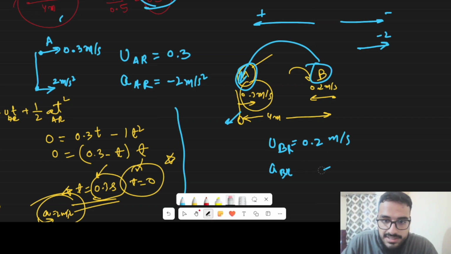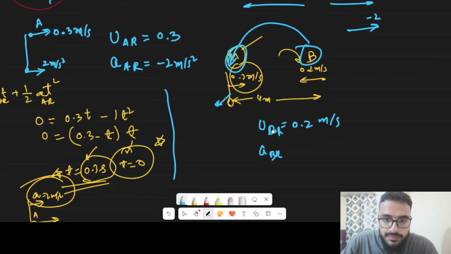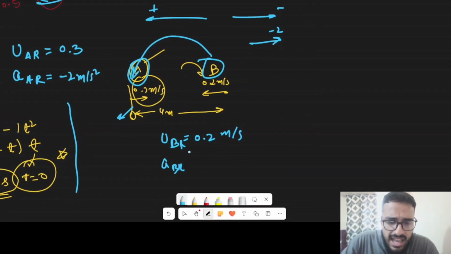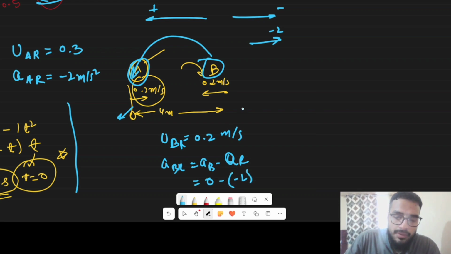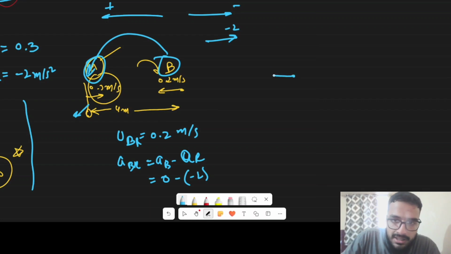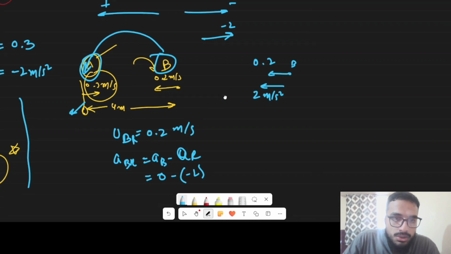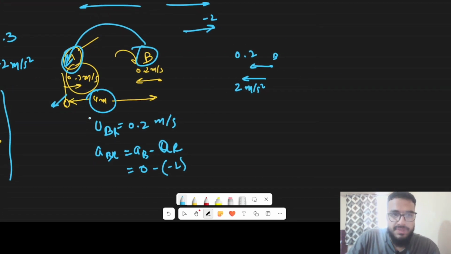I hope you are understanding everything, isn't that? So can't we say acceleration of B with respect to rocket is acceleration of B minus acceleration of rocket? That is acceleration of B, that is 0 minus minus 2, isn't that? So our relative particle B has a relative velocity of 0.2 and has an acceleration of 2 meter per second square. So how much time will it take to travel this 4 meters, basically, isn't that?